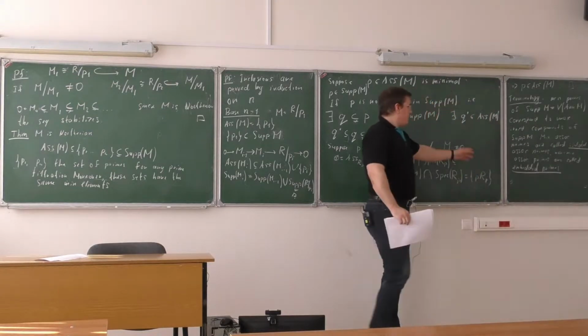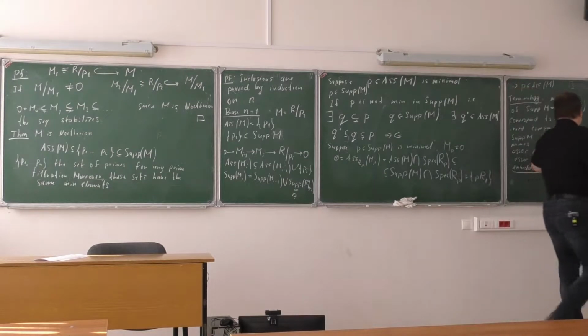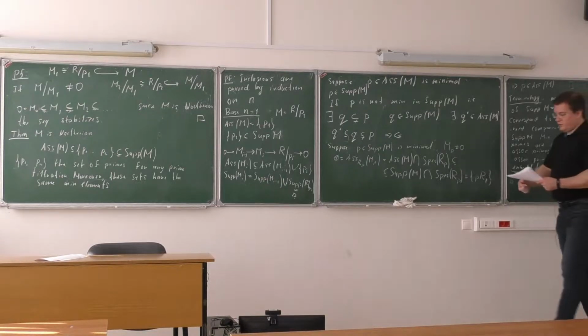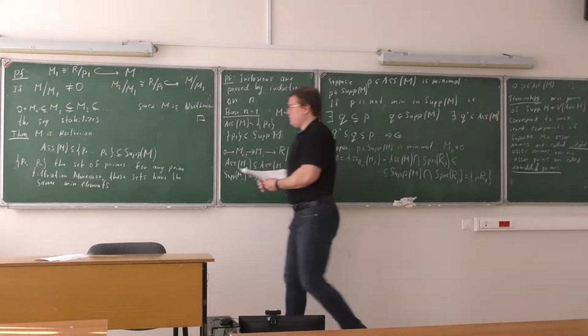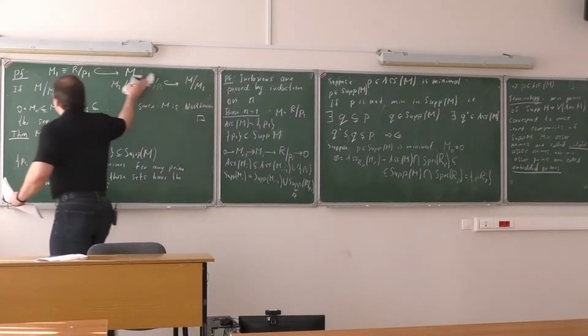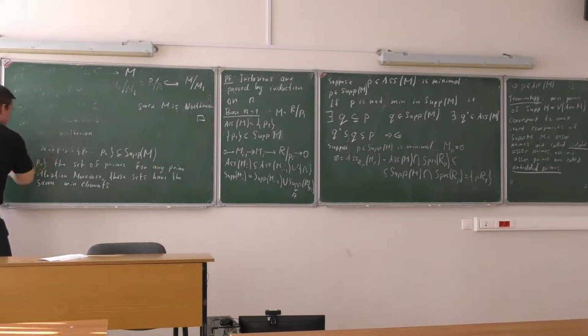To make sense of this terminology, you need to think geometrically. Of course algebraically, minimal is something that is embedded into something, but geometrically it's the other way around. So the terminology here is just geometric terminology. We're going to see examples of this situation, with minimal and non-minimal associated primes, in the seminars.